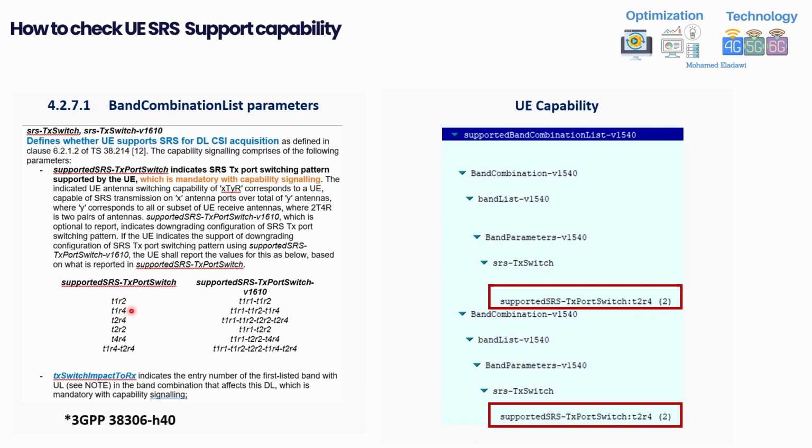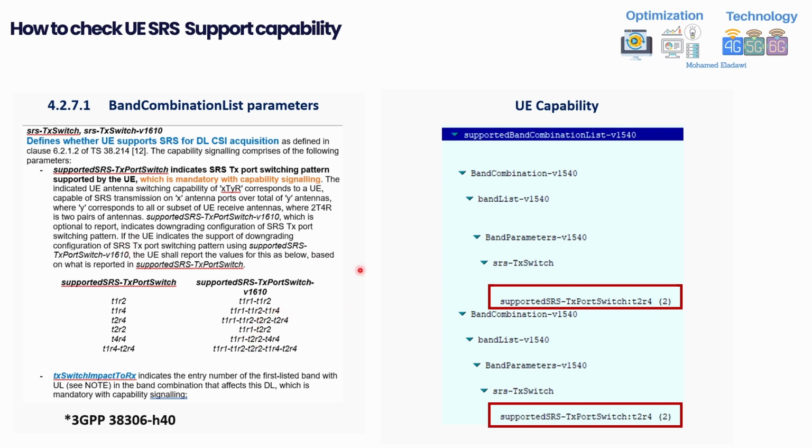This is called antenna switching. So for example, in T1R2, the antenna will be switching between the two receive antennas and transmitting the SRS. Here 4 will be transmitting through 4 antennas, here 2 will be transmitting through 4 as well, and here 2 will be transmitting through 2, and so on.